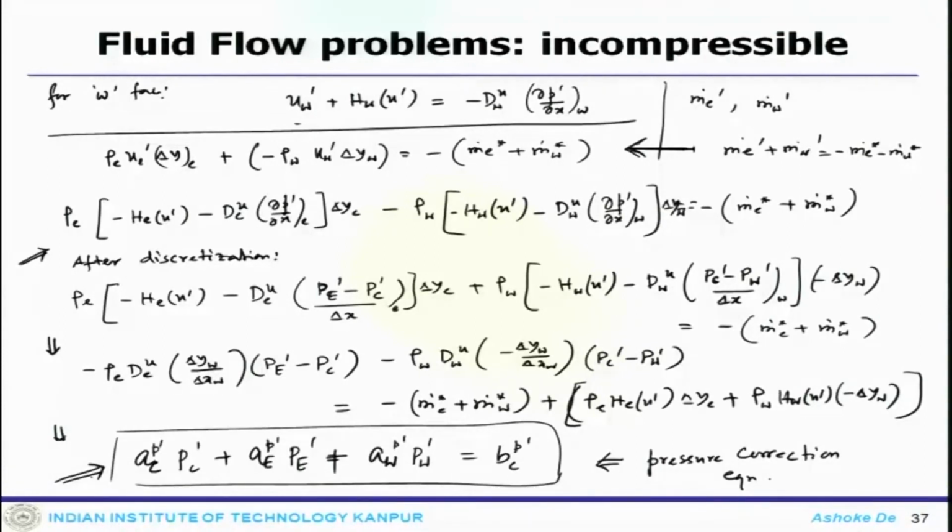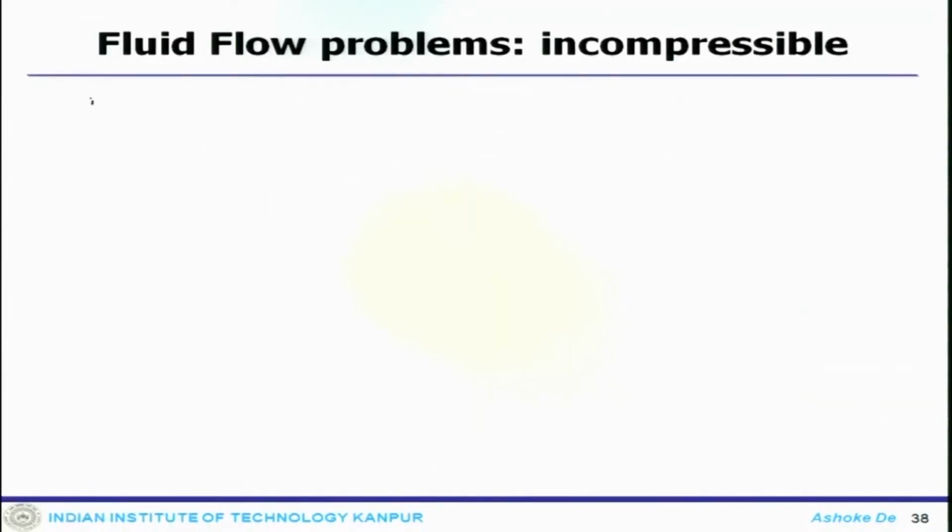The differences would come in the definition of the source term. Here the coefficient A_E P prime is minus rho_E d_E u delta y_E by delta x_E, and A_W P prime equals to minus rho_W d_W u delta y_W by delta x_W.